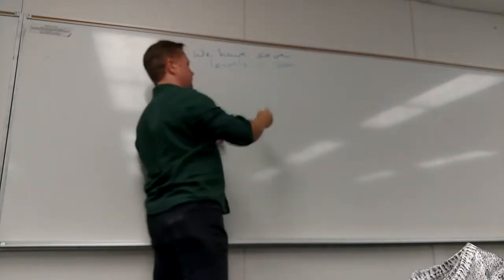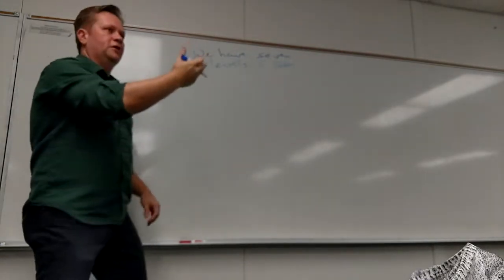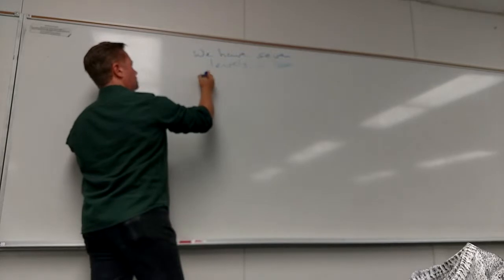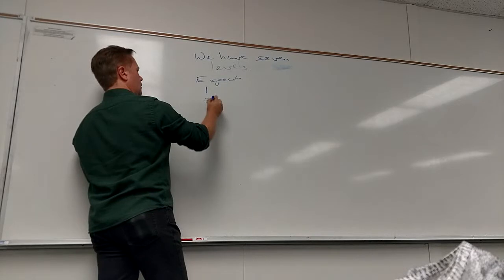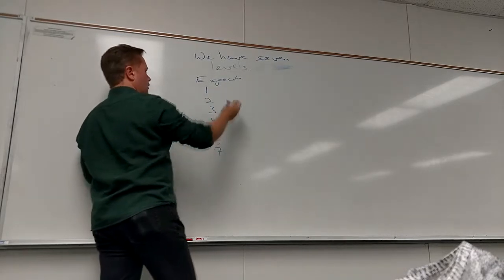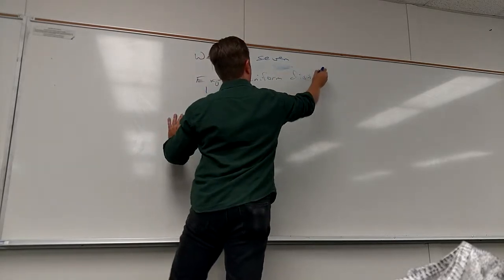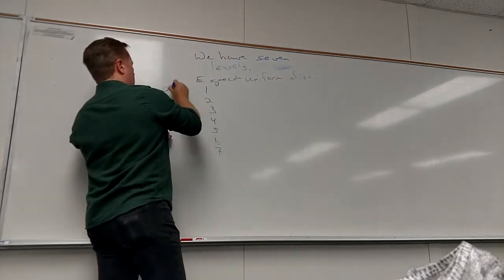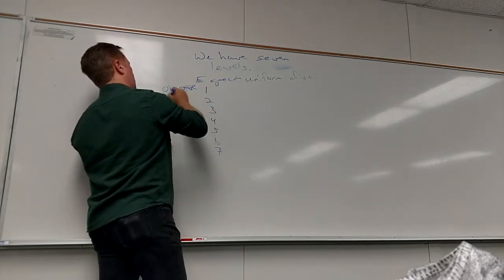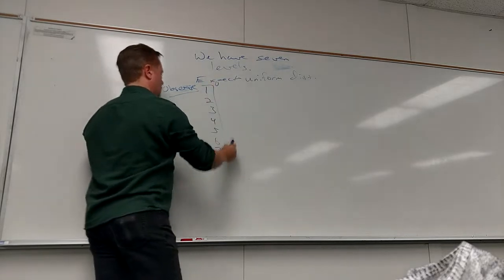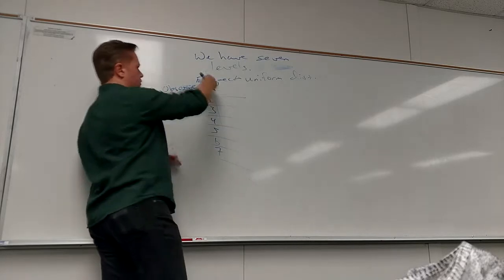We expect a uniform distribution. We observe this. Let's see, 1, 2, 3, 4, 5, 6, 7. So those are the 7 categories. Are you guys with me?